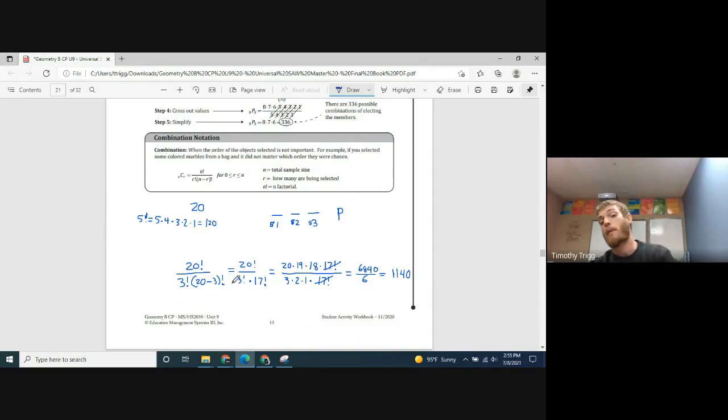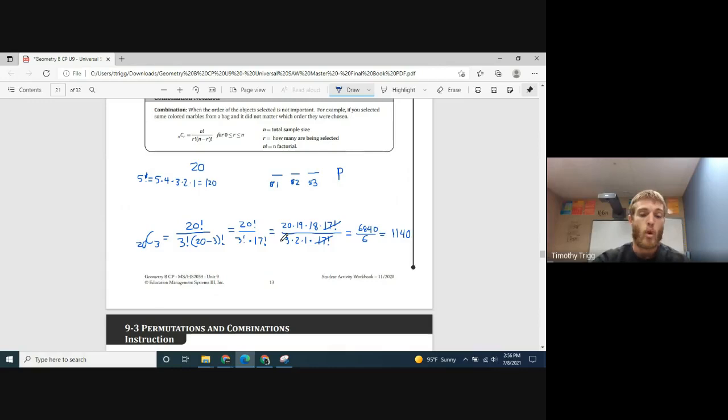So in that scenario I was talking about, where you have 20 employees and you're going to give 3 of them a $2 raise, in this case, order doesn't matter, it's a combination, that would be 1,140. The way you would write that is 20C3, because you have 20 employees and you're choosing 3 of them. So combination 20, choosing 3. Hope that sort of made sense. Hopefully that formula wasn't too bad.